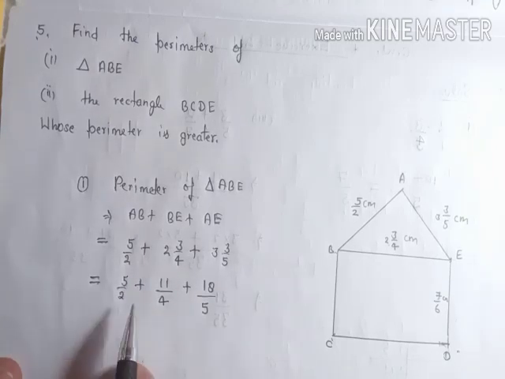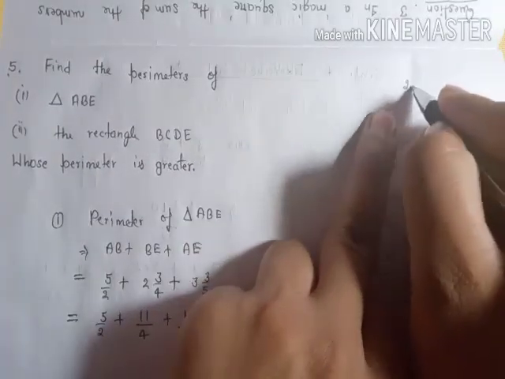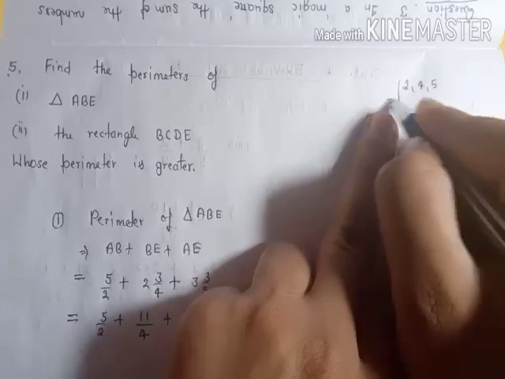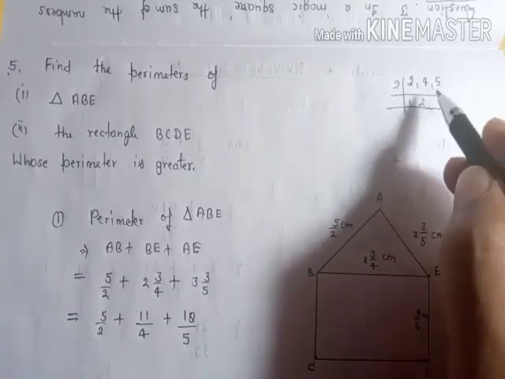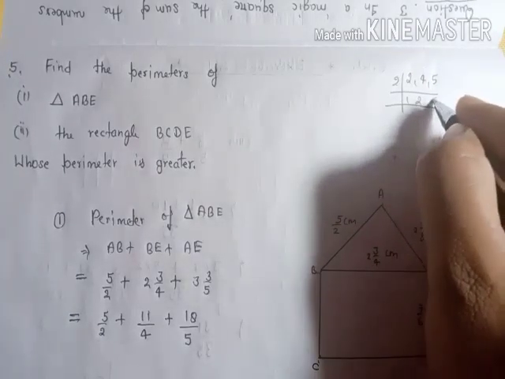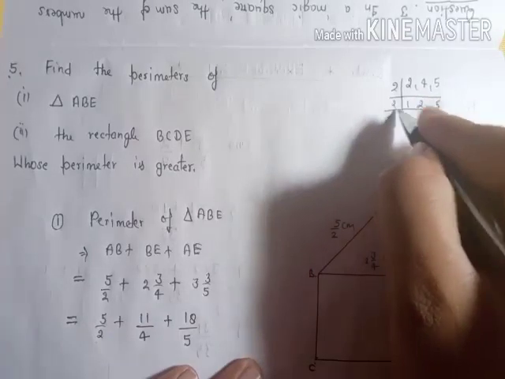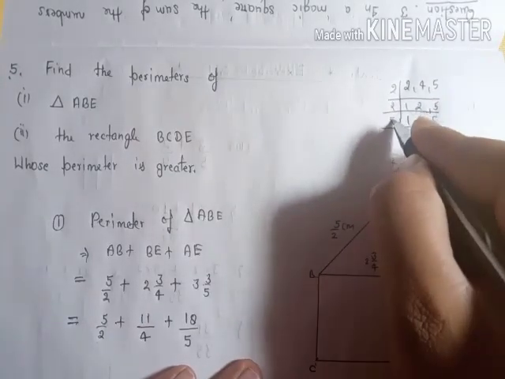Now add these fractions. So you have to get the LCM of 2, 4 and 5. You have to do this on your rough copy. Divide by 2: 4 by 2 gives a quotient of 2, and 5 stays 5.